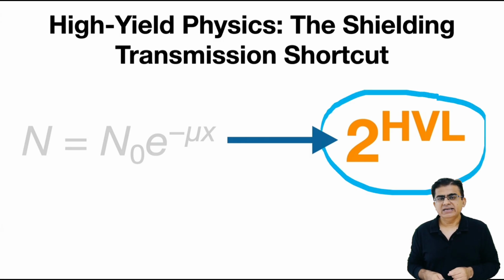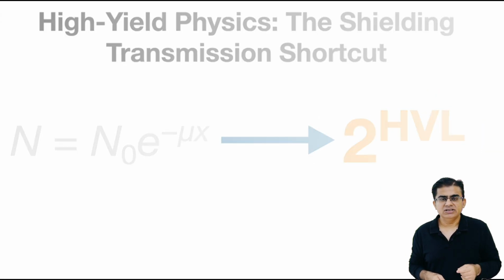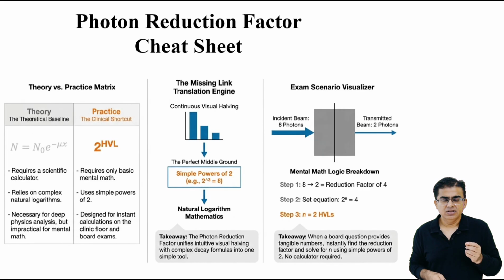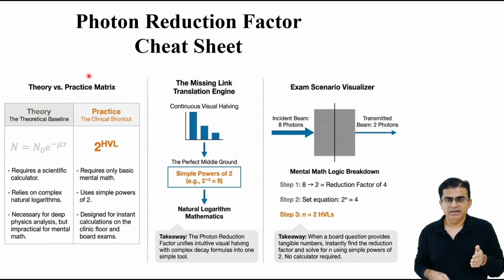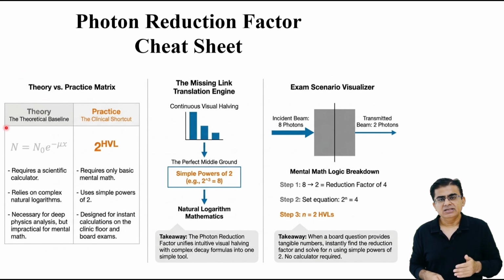Now, let us carefully break down this photon reduction factor cheat sheet. Please focus on the first column on the left, the theory versus the practice matrix. On the theory side, the exponential equation strictly requires a scientific calculator and complex natural logarithms.